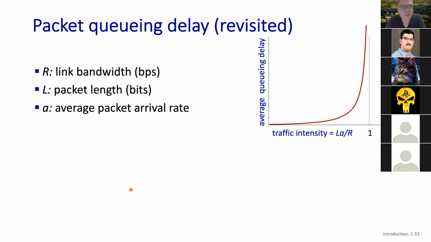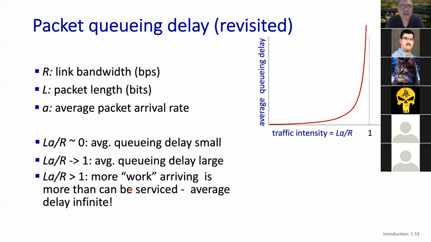Hopefully I explained this problem clearly, but in summary, if your packet arrival rate times the packet length divided by the link bandwidth is close to 0, that means the queue delay is very small, right?